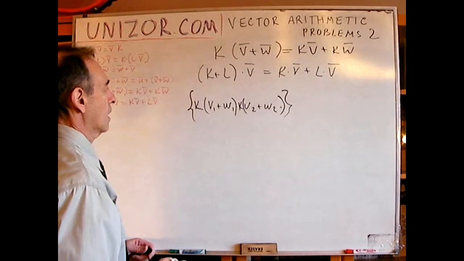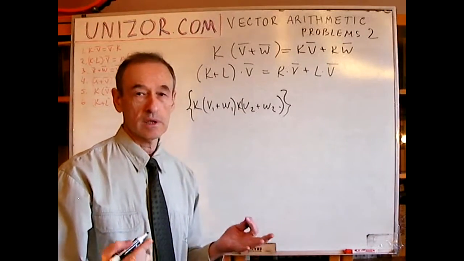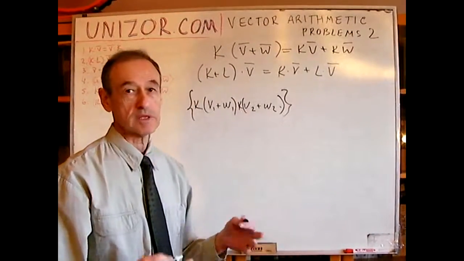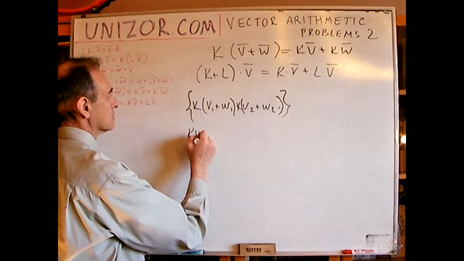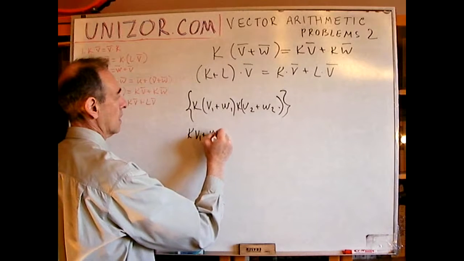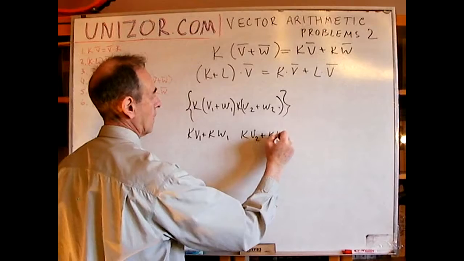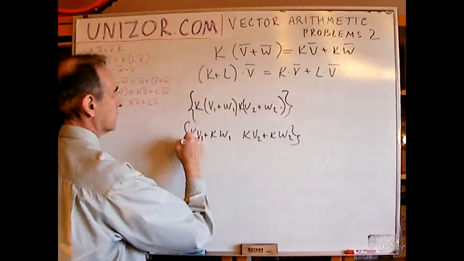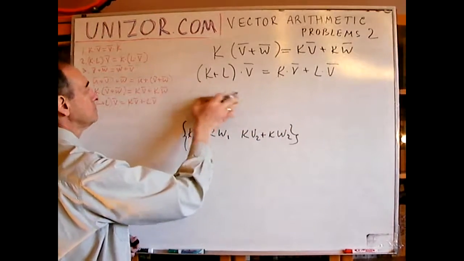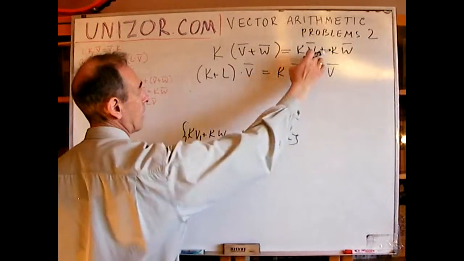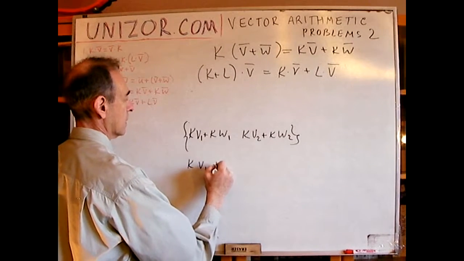Now, this is multiplication of real numbers and addition of real numbers. So the distributive law works. So I can open up these parentheses and I will have this. That's the final result on the left. On the right, I will have first kv1, kv2.